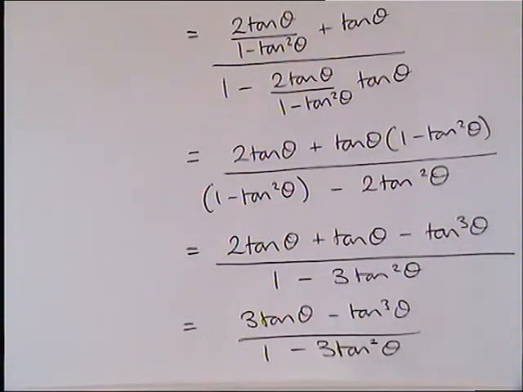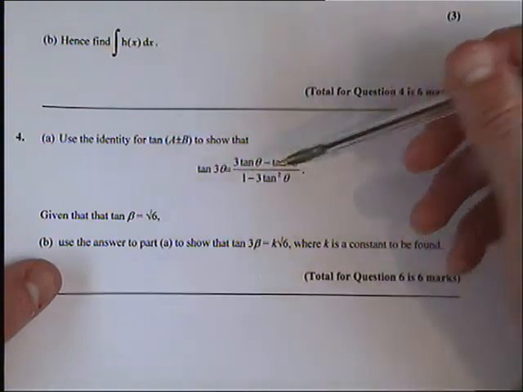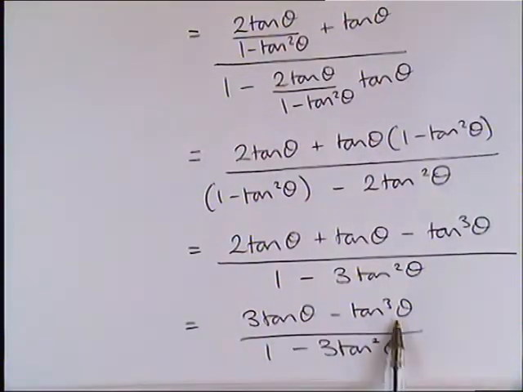So I think that is the final one that we were asked to show. Just do a quick double check. 3 tan theta minus tan cubed over 1 minus 3 tan squared. Yes, that's correct for part A.